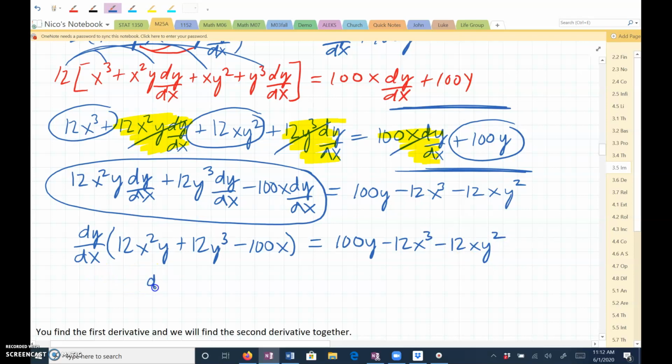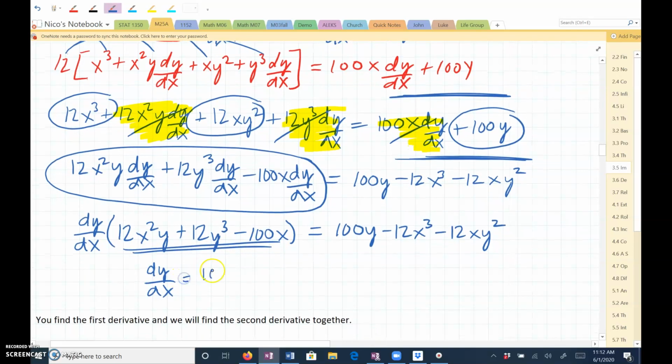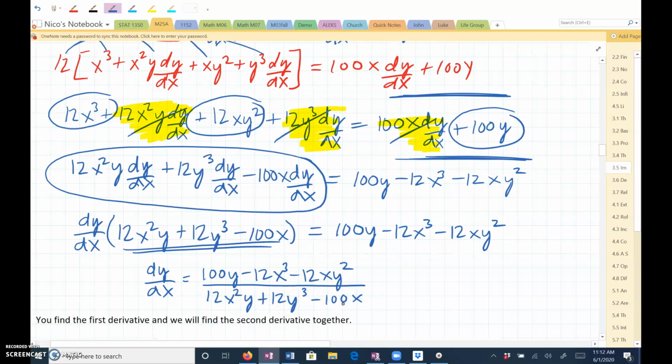And then finally, to get dy/dx by itself, I'm going to divide both sides by this. So I'm going to have 100y minus 12x cubed minus 12xy squared all over 12x squared y plus 12y cubed minus 100x. Okay?